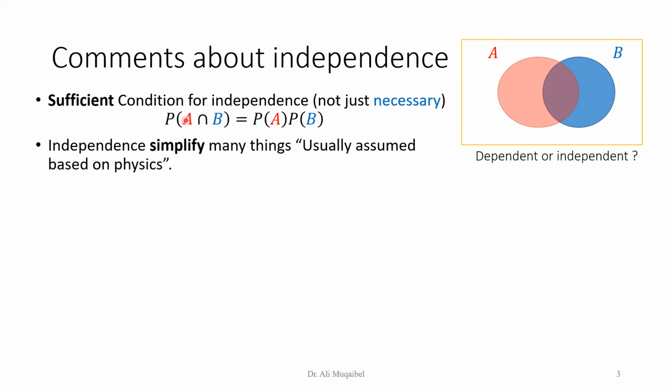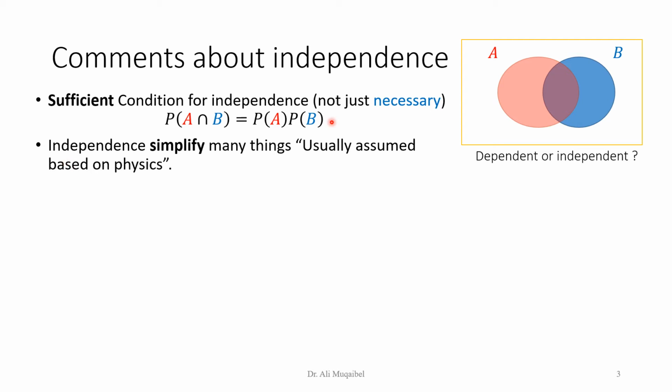Now, why do we need independence? It makes things very easy. If you want to investigate things, like the example we gave, is my GPA, or my grade, dependent on my roommate's grade or not? I need to know these details in life. In many cases, we make things simple by assuming they are independent.